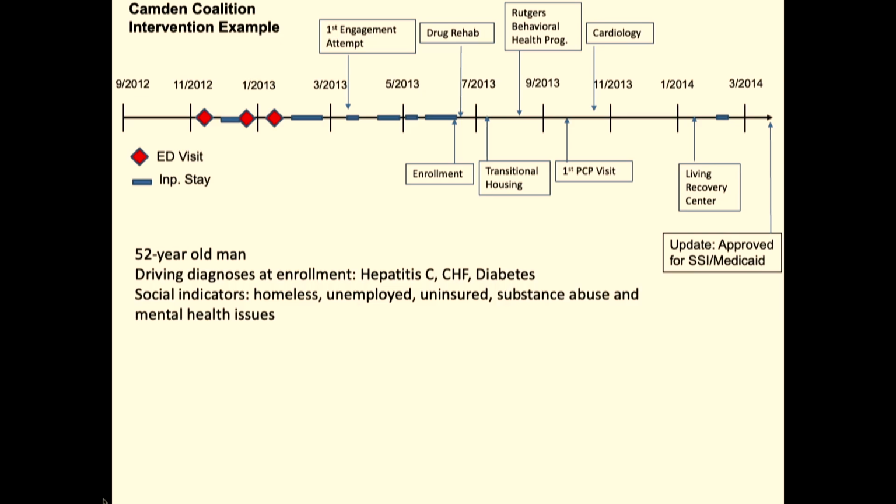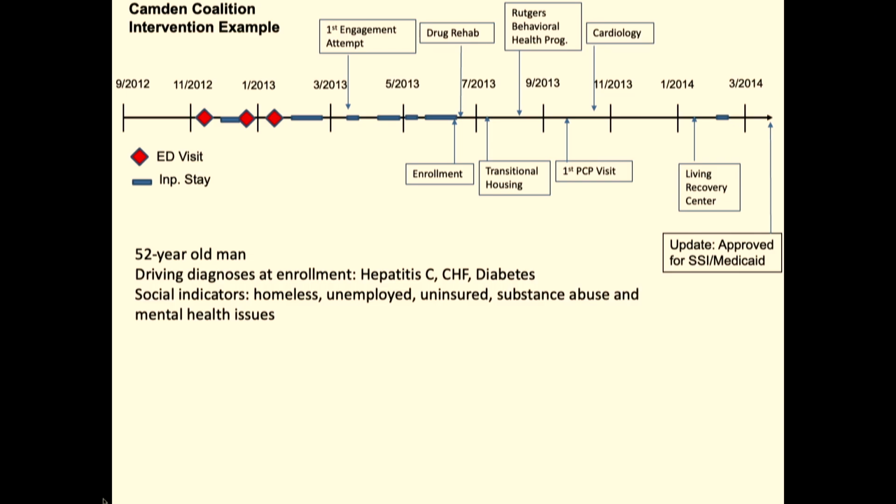The blue ones are stays at inpatient hospital, and the red marks are emergency department visits. The care team tried to engage with this patient early on, but that didn't work. So you had this phase of a high number of hospitalizations. They started working with this person in about July, and worked for 9 months. And you can see that there are fewer hospitalizations and emergency department visits in this particular case.